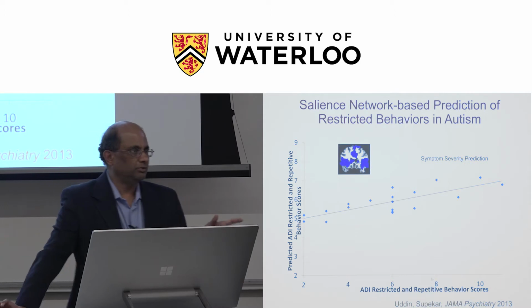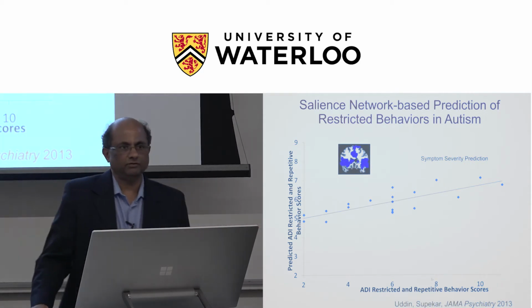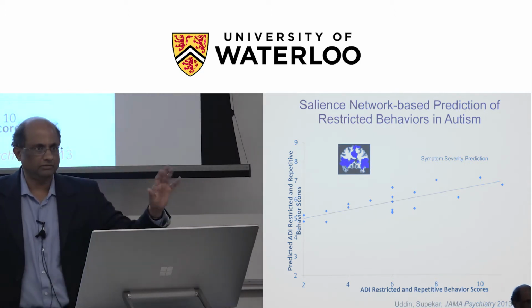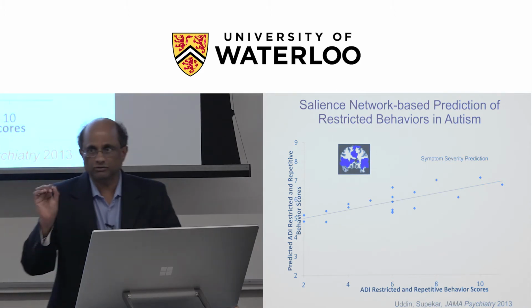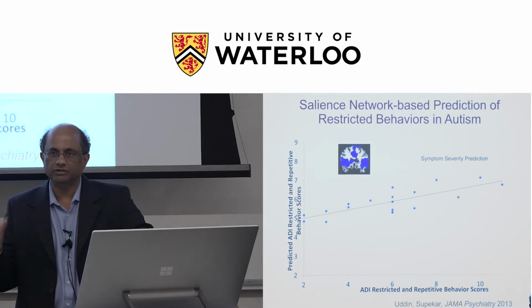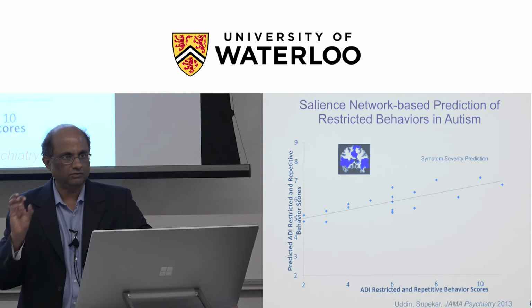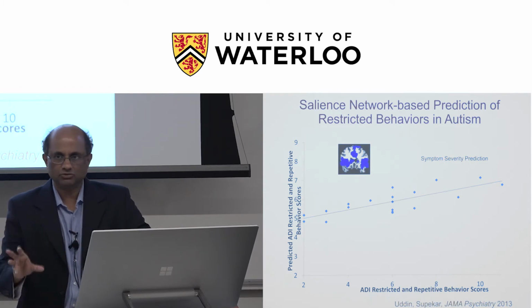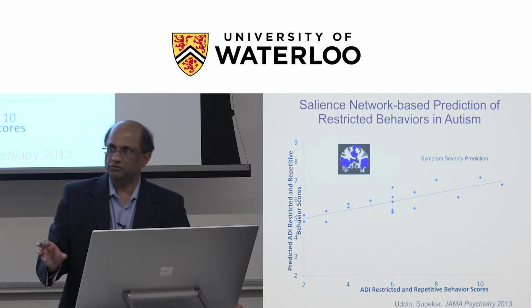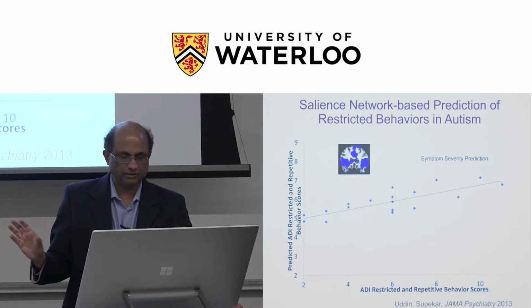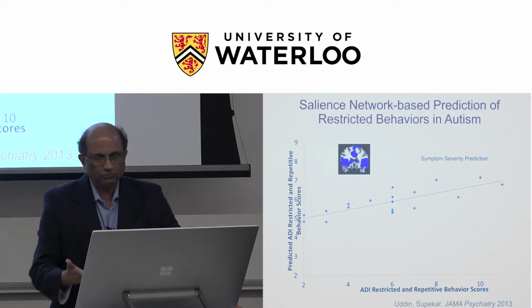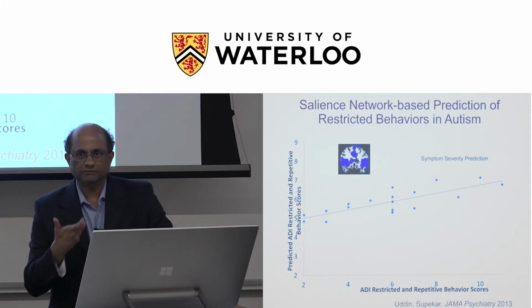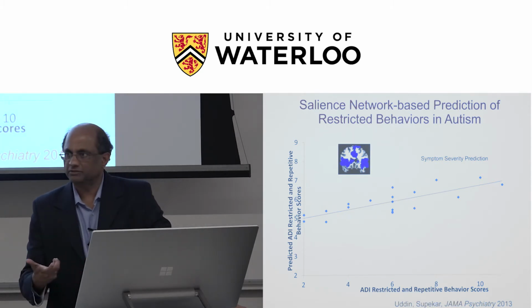There are two components of restricted and repetitive behaviors in autism. One is motoric, the hand flapping. But there's also a cognitive aspect, which is circumscribed interest, restricted interest focused on one particular thing. It might be calculation, or drawing, or just being hyper-focused on one thing to the exclusion of everything else. And so this was the clinical phenotypic feature that was captured by this network.